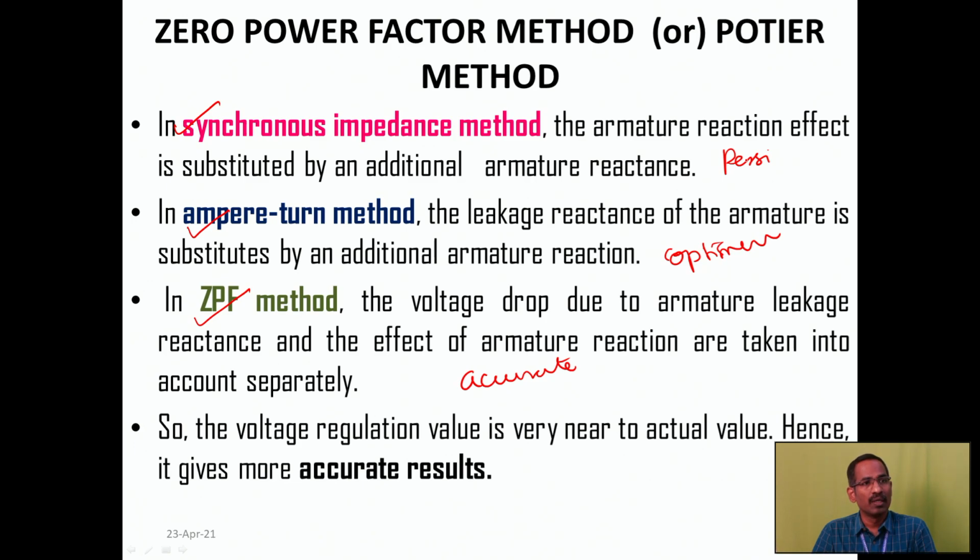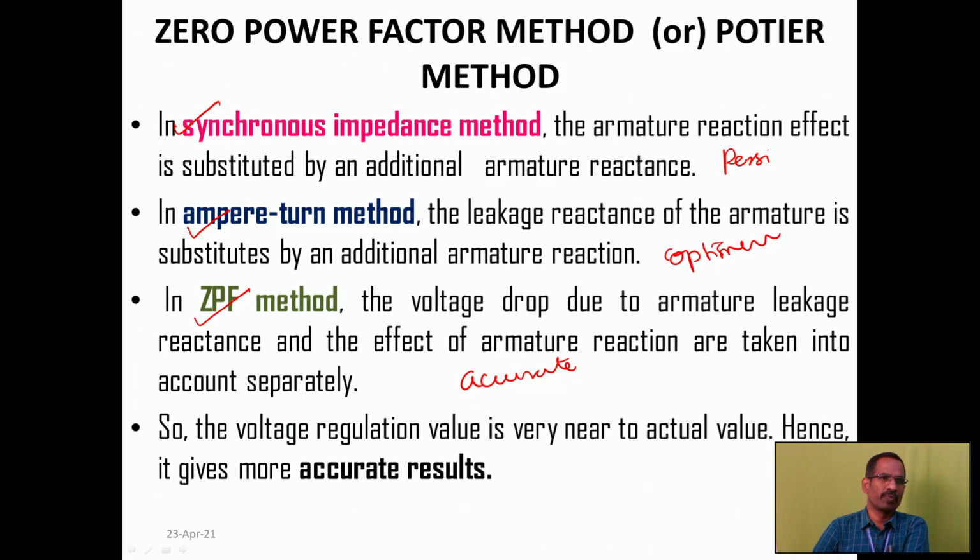Okay. Then in the ampere turns method, we need the IF1 and IF2 values. By using these two, IF1 and IF2, we are calculating the resultant field current. By using that resultant field current, we can project it in the graph. We are getting the open circuit voltage. Then in the ZPF method, we require the three test data: OCC, short circuit test, and the ZPF test data. By using these three test data, we can draw the graph for the OCC and the ZPF curve.